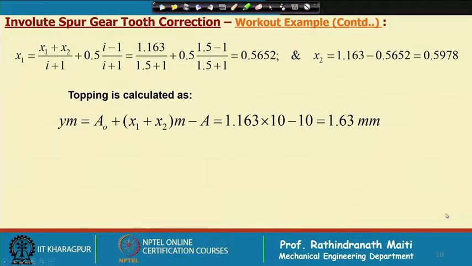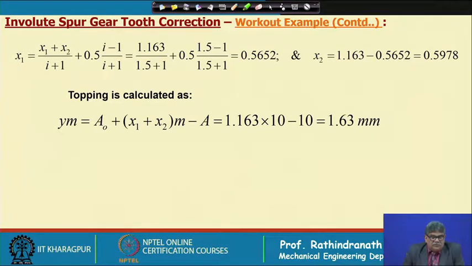Then the topping is calculated as y m, where y is the width factor at the top and m is the module: a0, the standard center distance, plus (x1 plus x2) into m, minus a.